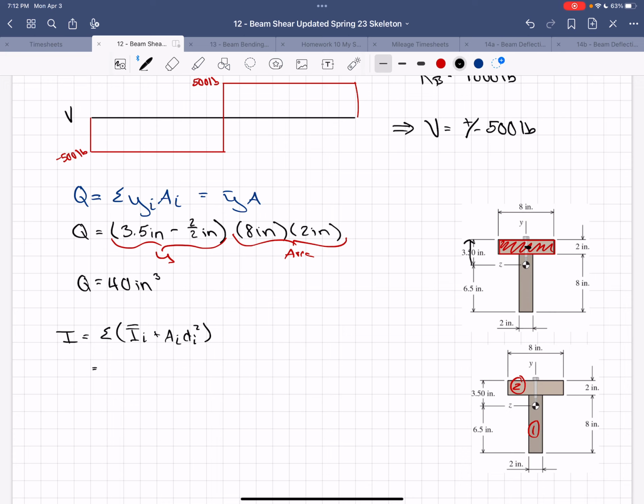We have 2 times 8 cubed all over 12, plus the area, 2 times 8, times d squared. D1 is the distance between the centroid of the whole and the centroid of part 1, which is this distance.